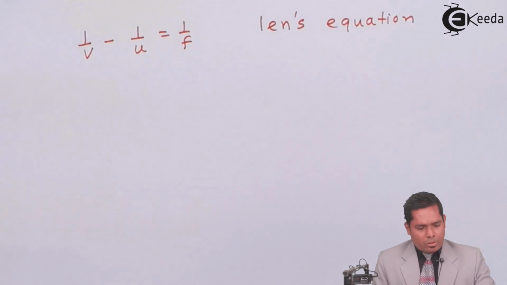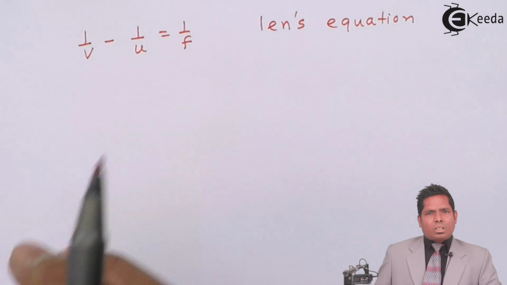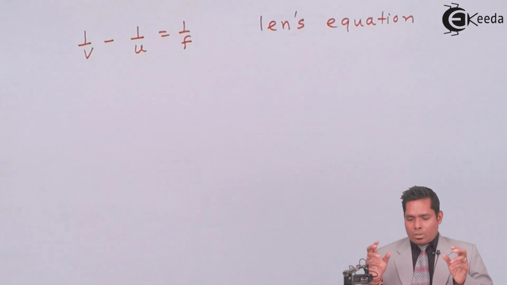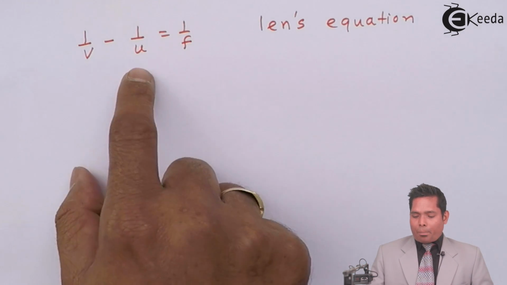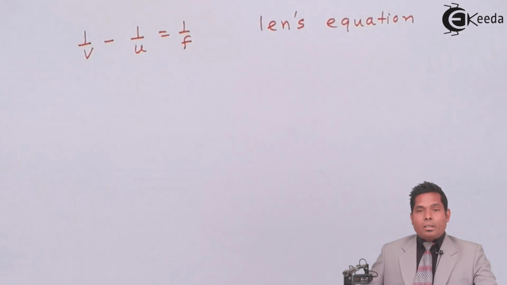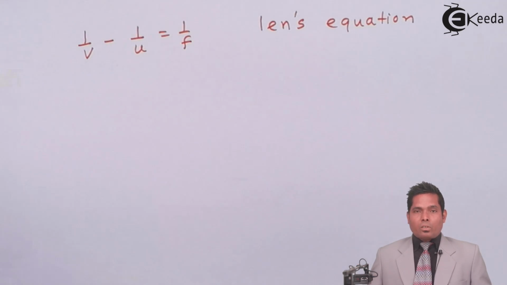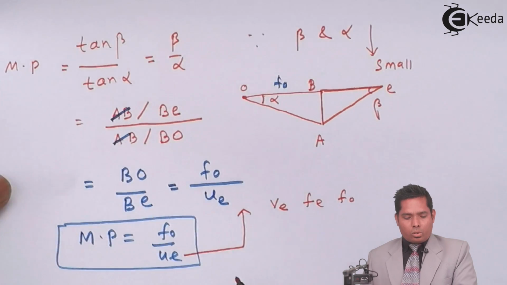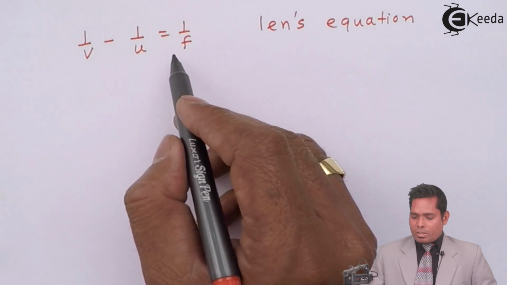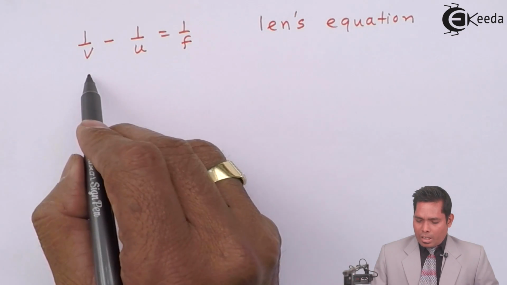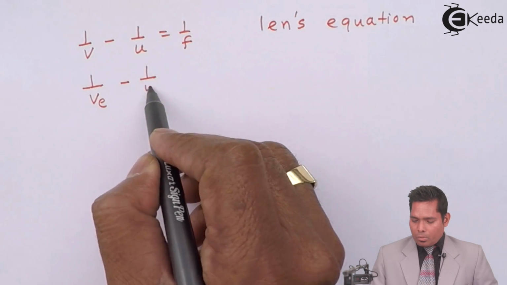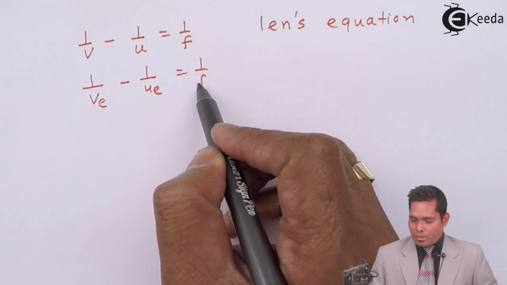I am going to apply this equation for which lens? There are two lenses, objective and eyepiece. You have to keep in mind that I am going to apply this for the eyepiece, not for the objective, because I am interested in UE, not UO. So this equation is applied at the eyepiece lens. So this will be 1 upon VE minus 1 upon UE, and this is 1 upon FE.